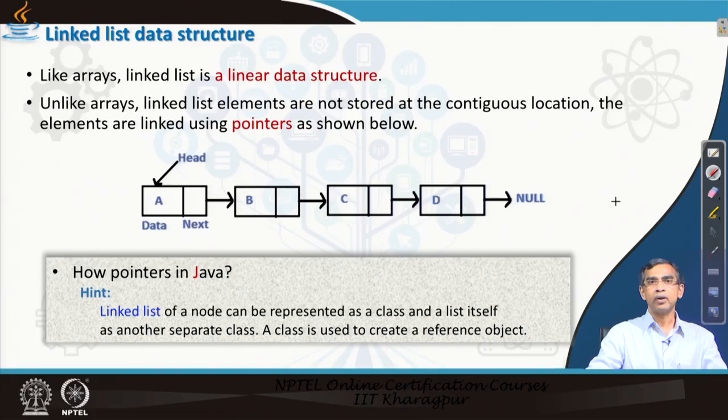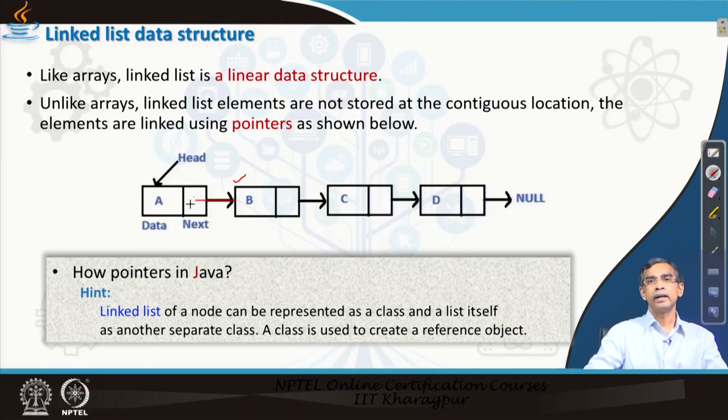If the link points to the next node, this field stores the address of that node. Address of a node is basically a pointer. So in other words, this field stores the address of a node, and address means pointer, so this field will store a pointer.